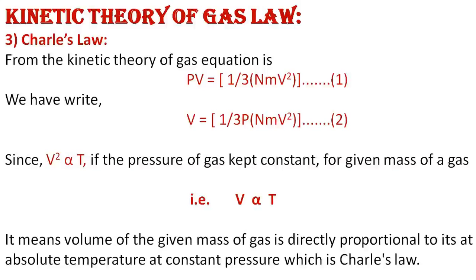Since v square is directly proportional to T, if the pressure of the gas is kept constant for a given mass of gas, the volume of a given mass of gas is directly proportional to its absolute temperature at constant pressure, which is Charles' law.